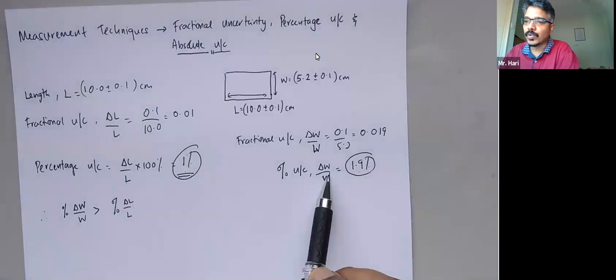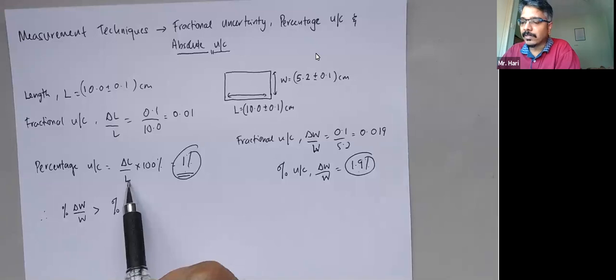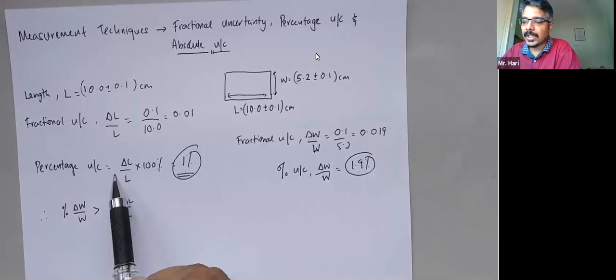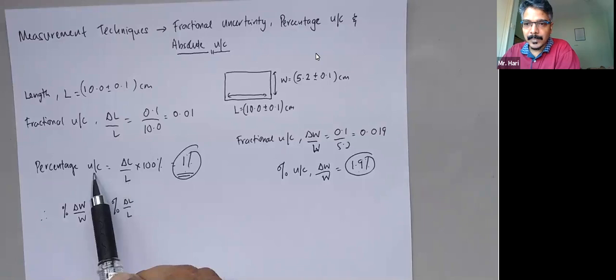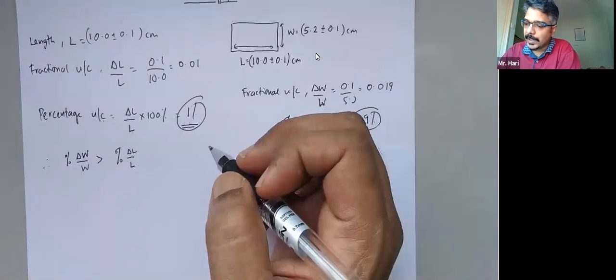That shows that if you have a larger value of measurement, it will reduce the percentage uncertainty, making the reading more accurate.